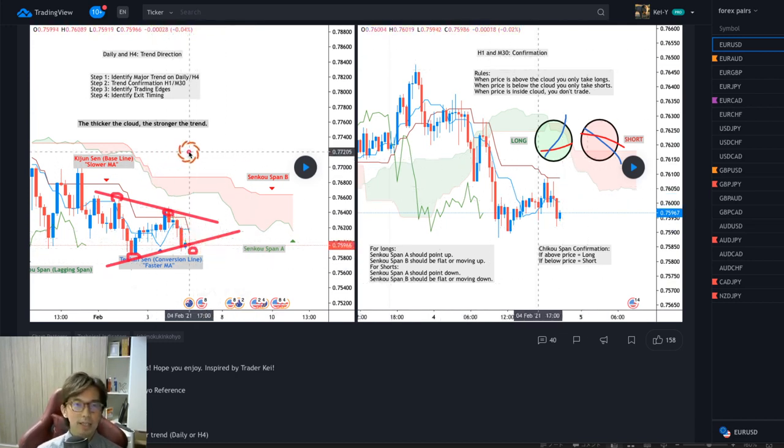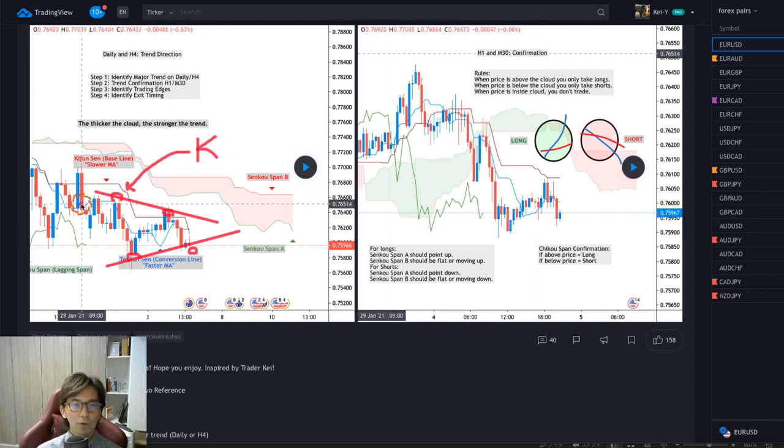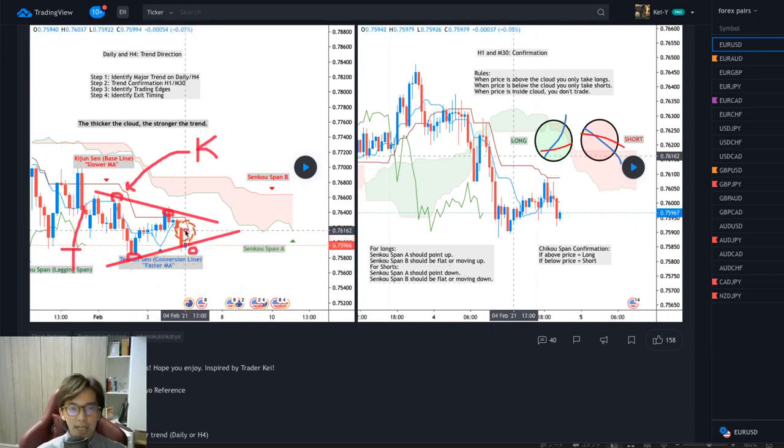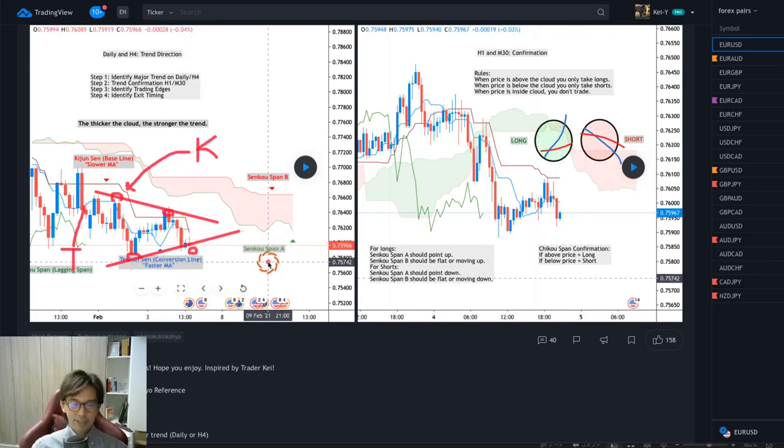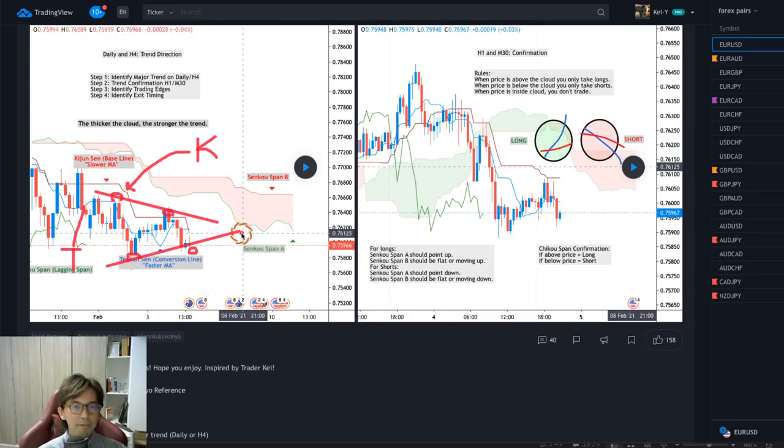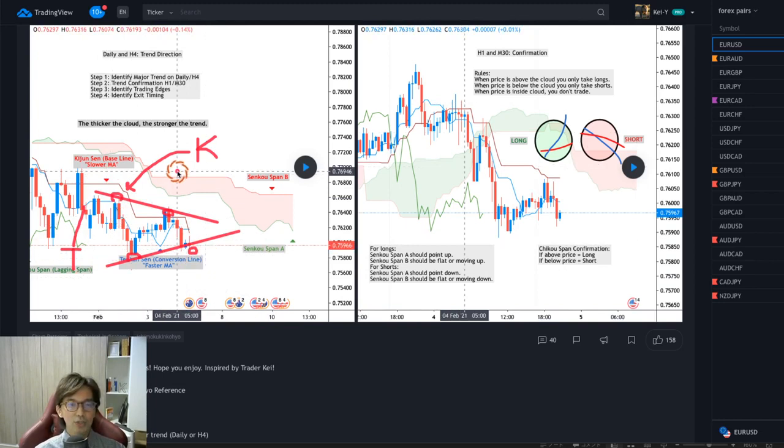In this case, this brown line is the Kijun Sen, and the blue one is called Tenkan Sen. But I can see that the Tenkan Sen is overlapping or almost gold crossing the Kijun Sen. So in this P wave, with the confirmation by Tenkan Sen and Kijun Sen, I don't think this is a great timing to sell. I mean, to look for a sell.